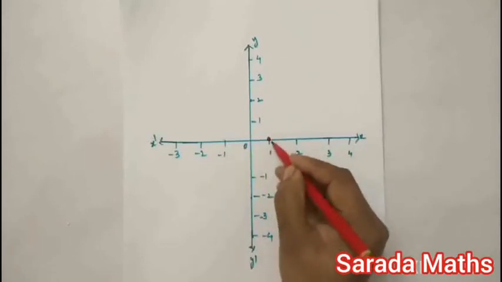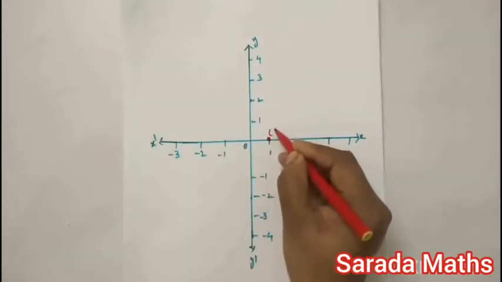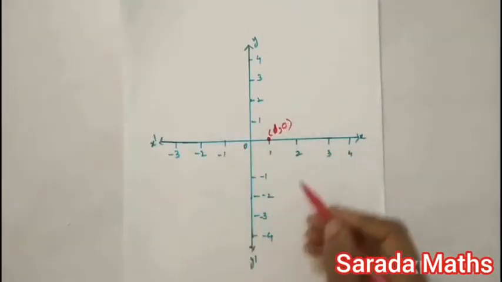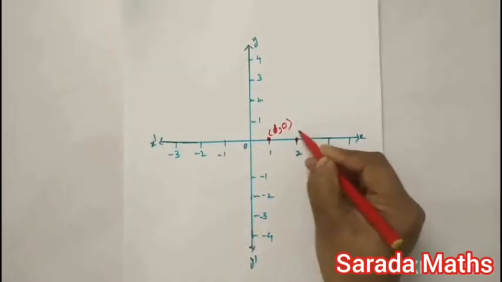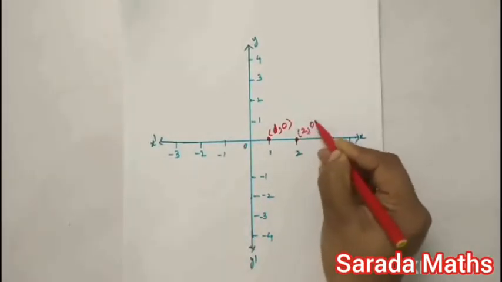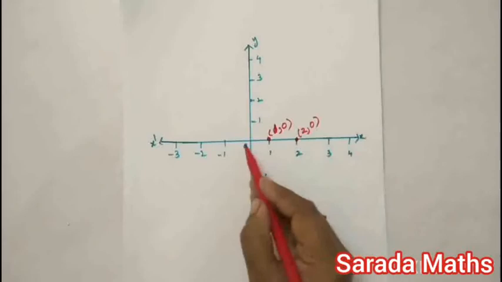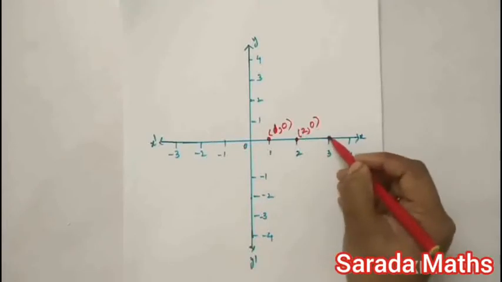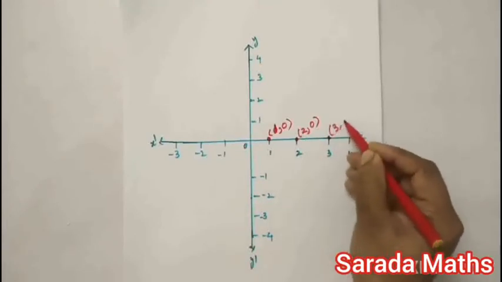If you observe at this point, the coordinates will be 1 and y will be 0, is it not? Here it will be 2, 0, because here y is 0 and x will be 2. Here it will be 3, 0.